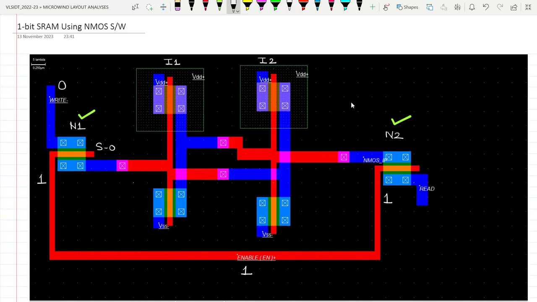This strong 0 is applied to the inverter I1 which will convert strong 0 into a strong 1. Strong 1 is again applied as an input to the inverter I2 which will convert strong 1 into strong 0.